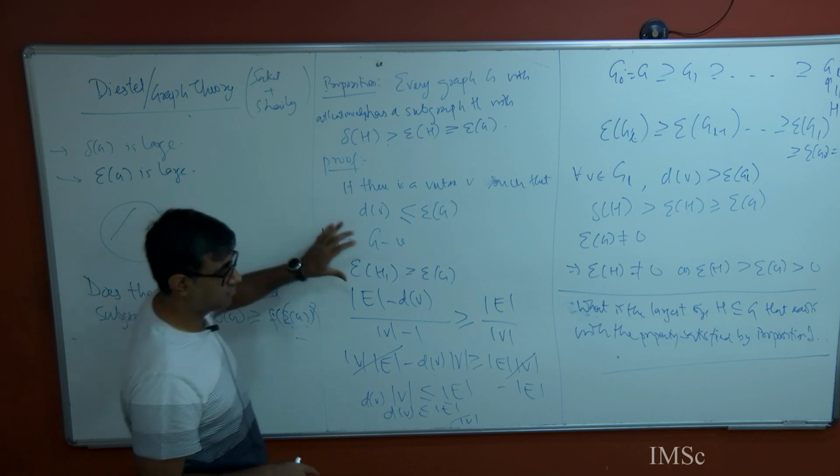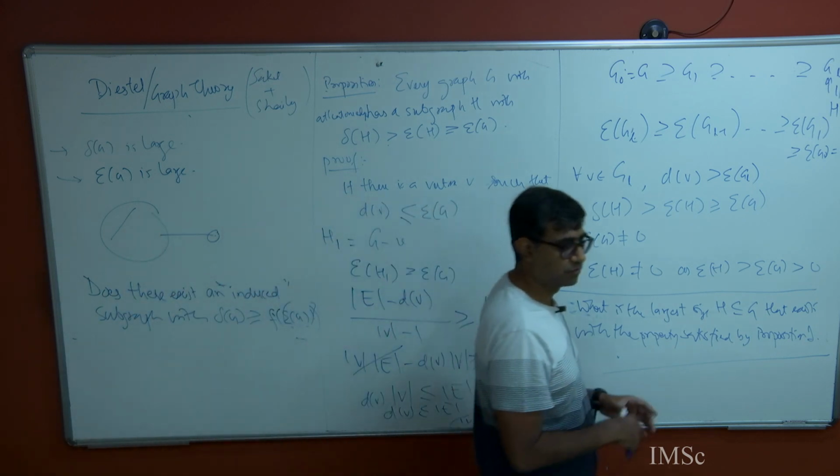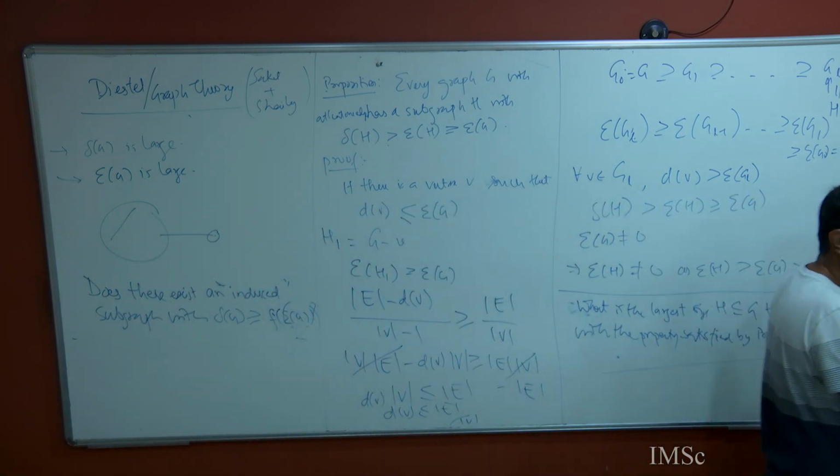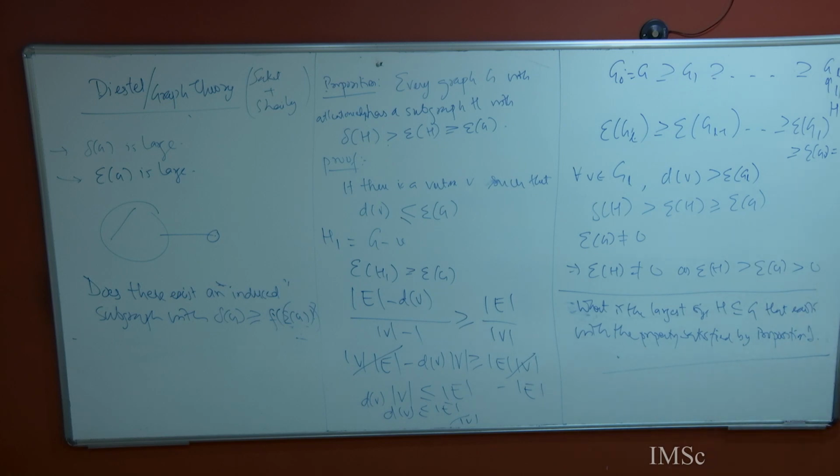These kinds of constructions come very often when you need minimum degree also to be large. So you immediately say, rather than working on the whole graph, let's work on this graph. Some property that will imply the graph itself had some property. Okay.